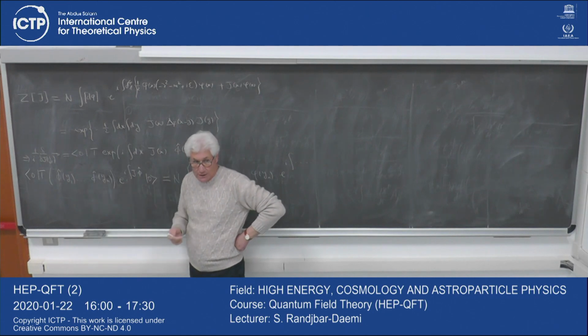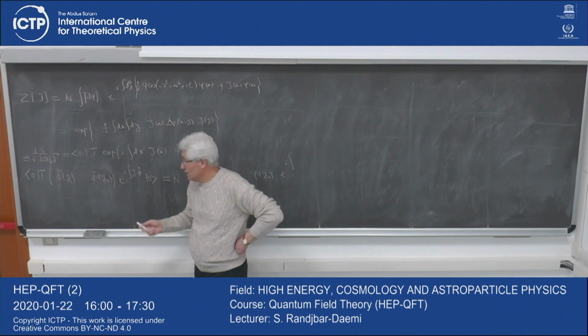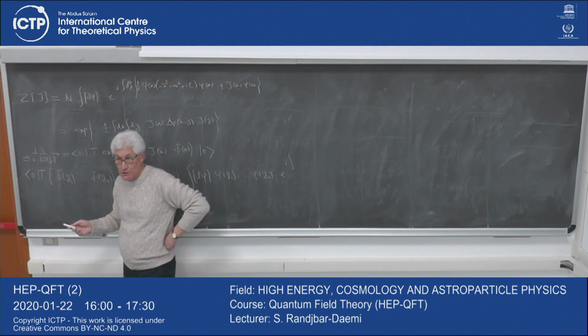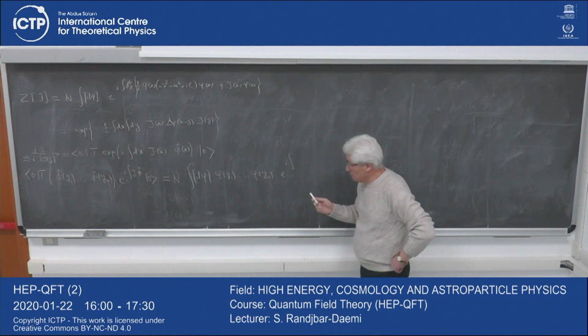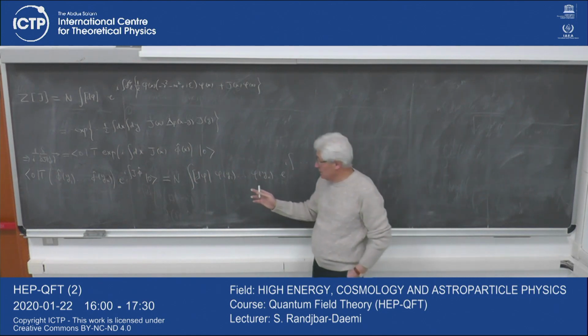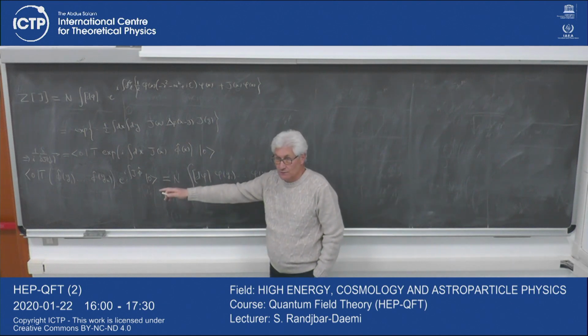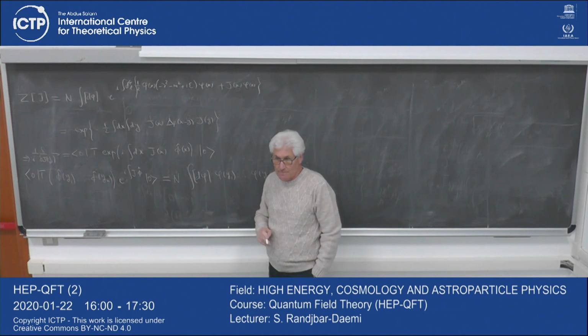In fact, historically, one of the important steps in the development of quantum field theory was the invention of this time-ordered product. It played a key role in developing covariant perturbation theory. So this is important to keep in mind, that the functional integration automatically produces the expectation value of the time-ordered product of operators. Okay?